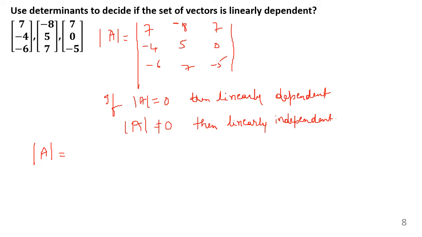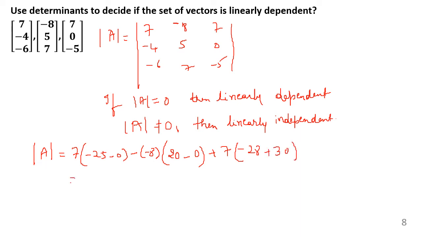So determinant of A is equal to 7 into 5 5s are 25, so minus 25, minus 0, minus of minus 8 into 4 5s are 20, 6 into 0 is equal to 0, plus 7 into 4 7s are 28 plus 6 5s are 30.